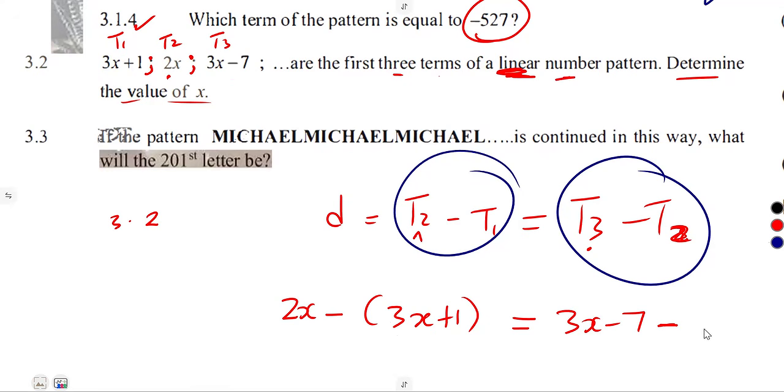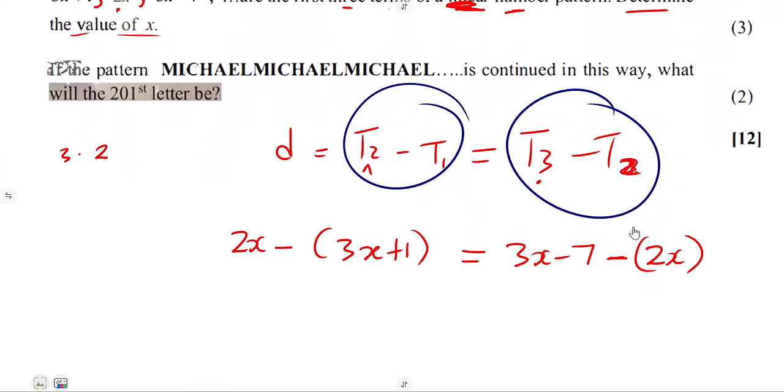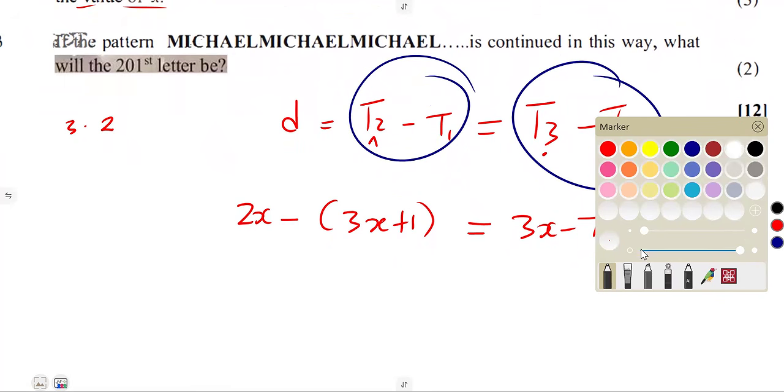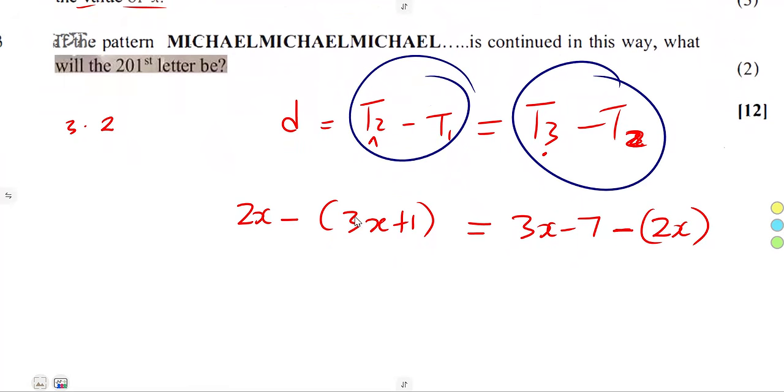Our T2 is 2x. We are subtracting 2x. The part that you subtract is the one that you put in a bracket. This one, do not worry about putting that one in a bracket, guys.